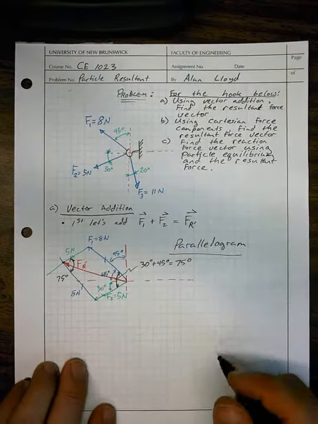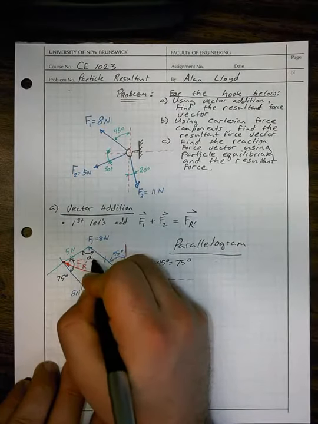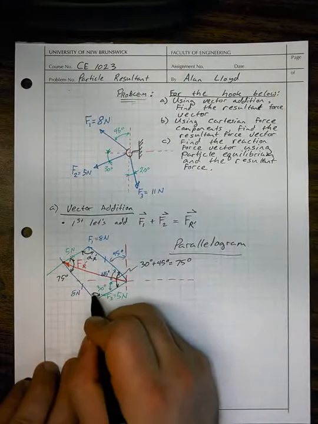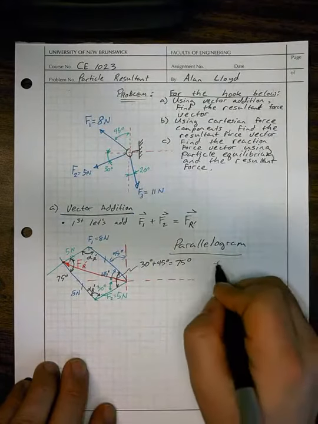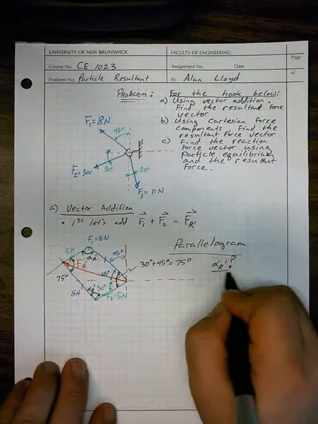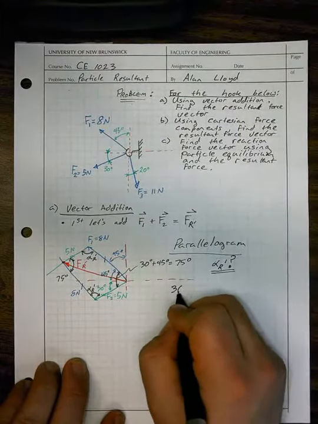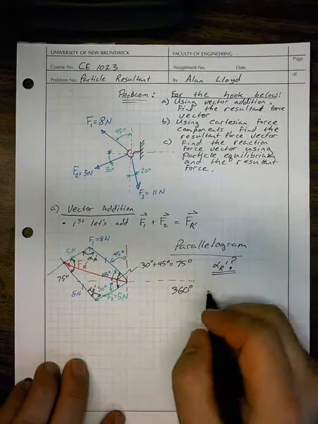Now there's two other angles here. Let's call this one alpha r prime, and we'll see why in a minute. And this one here is also alpha r prime. So alpha r prime, what is that value? Well, we can get that quite simply. We know that there are 360 degrees in a four-sided shape, in a parallelogram.